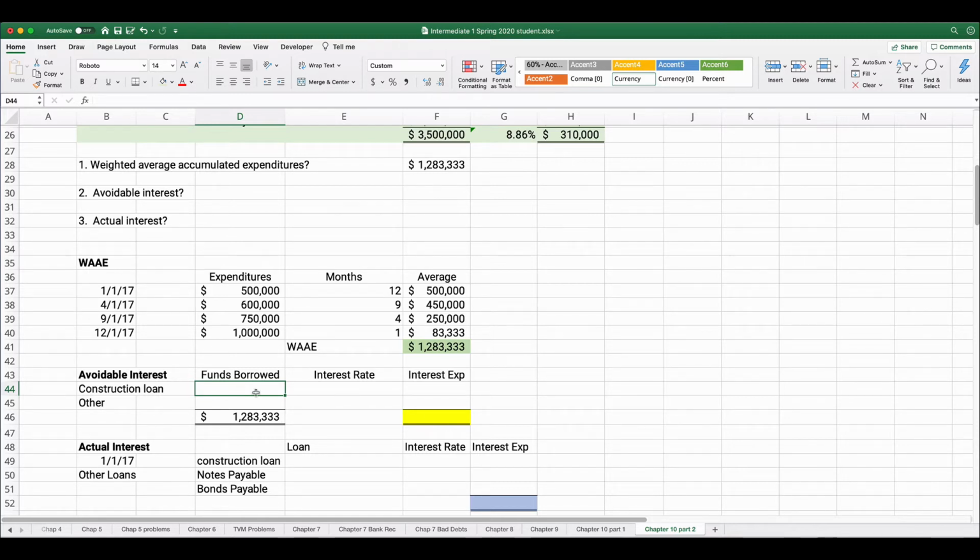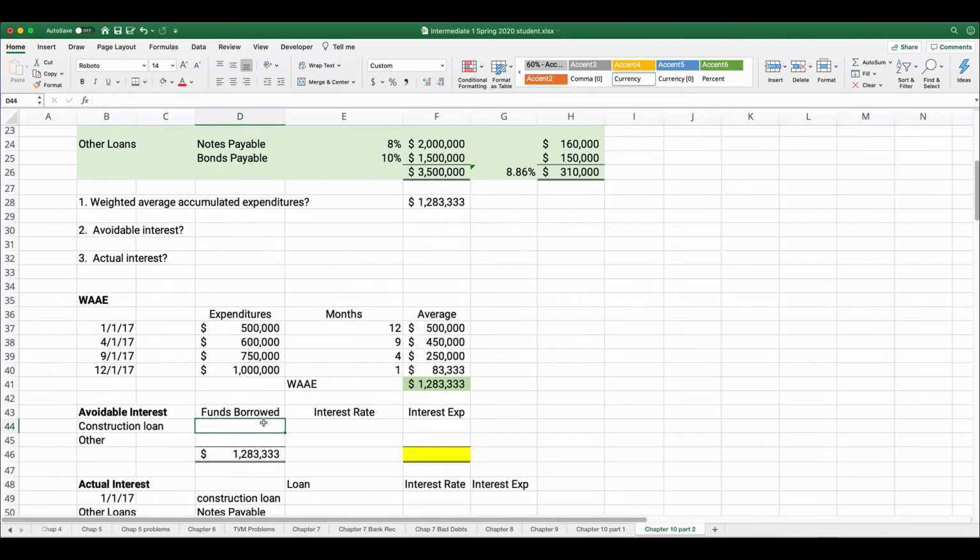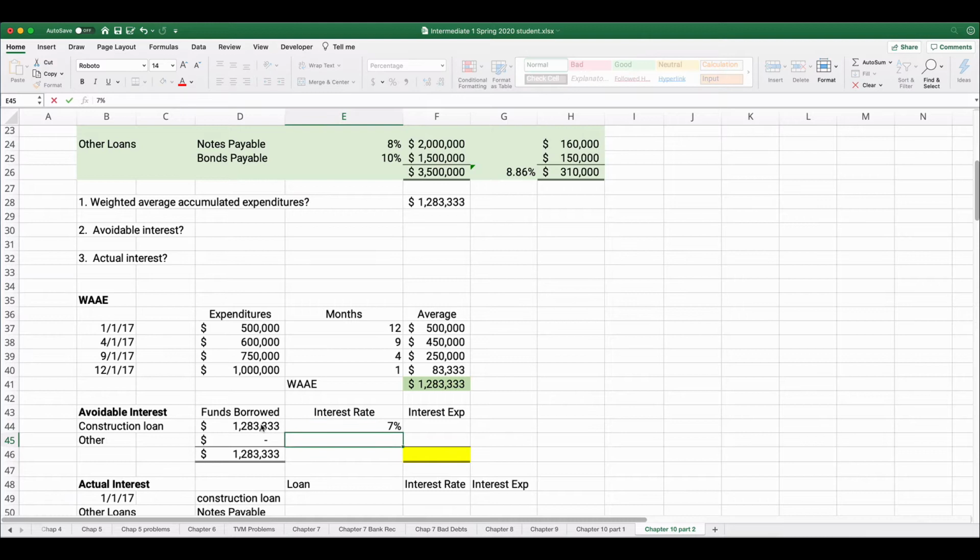It was originally $2.5 million, so this more than covers the $1,283,000. So we're going to take just this number, $1,283,000, and then the other is going to be 0. The interest rate on the construction loan is 7%, and on the other debt is 8.86%. It's not going to matter because it's going to be 0.